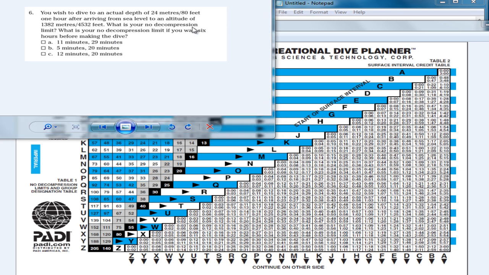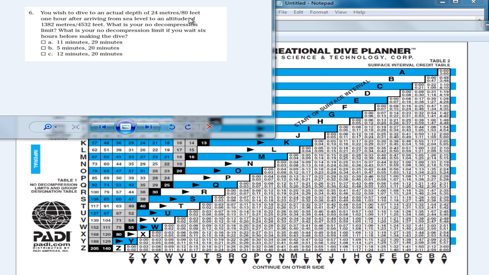When it comes to altitude, we're going to round up the feet to the next thousand. So since this is 4,532, we'll round that up to 5,000 feet. And when we use the theoretical depth at altitude chart, we will round the theoretical depth to the next tenth place.